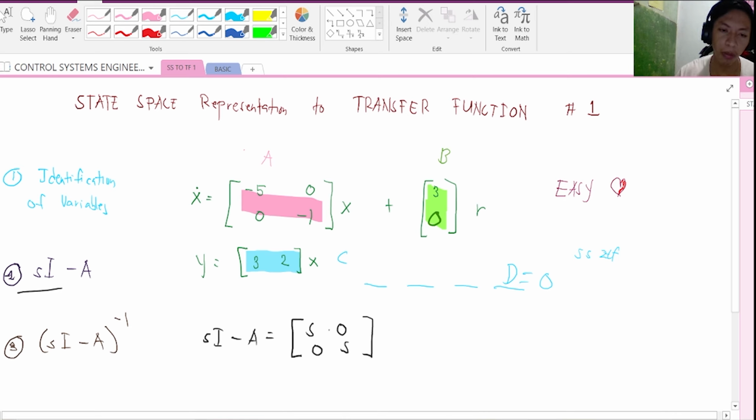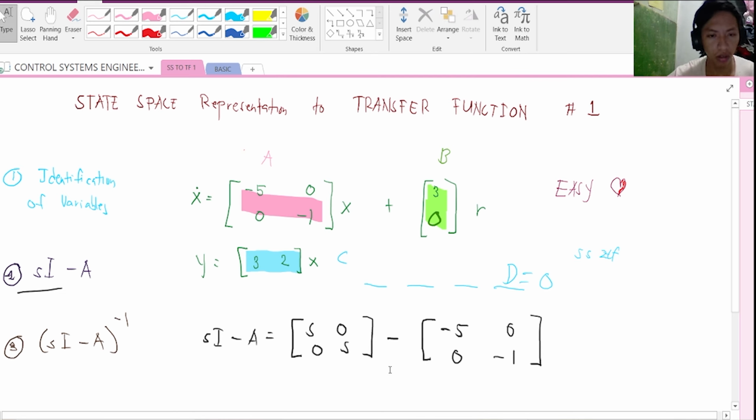The purpose of this is that we're going to subtract it with this one, and as you can see, this is a 2 by 2 matrix, and it should also be subtracted using a 2 by 2 matrix as well.